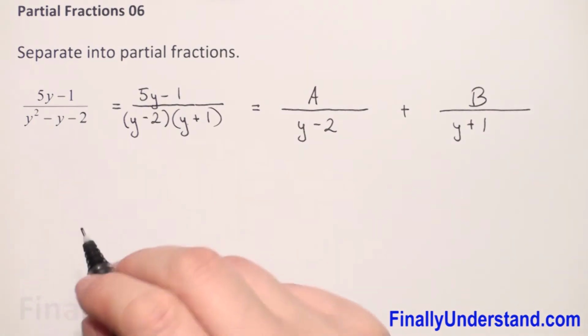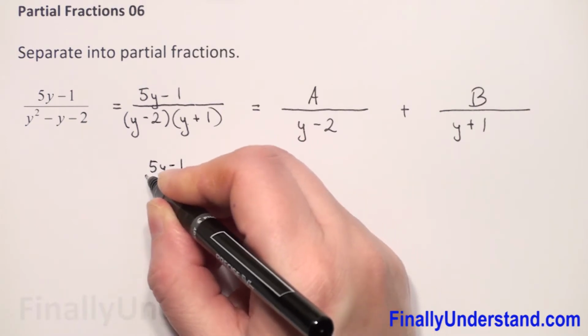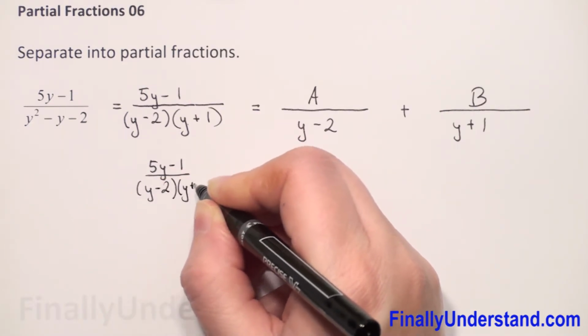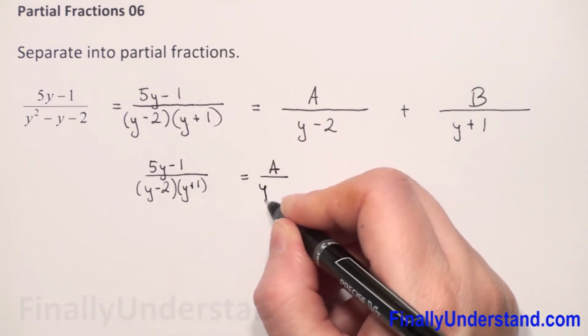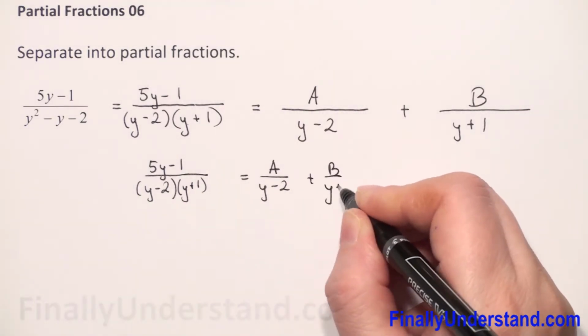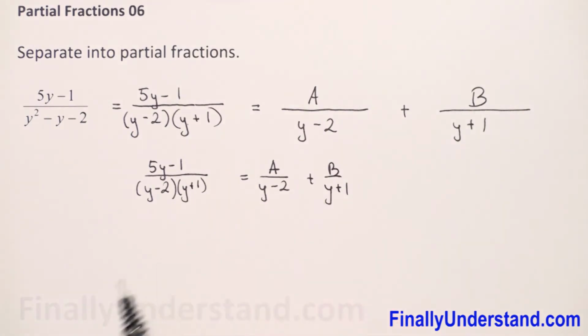So let me copy first our example. We have 5y minus 1 over y minus 2 times y plus 1. This is equal a over y minus 2 plus b over y plus 1. Like I said, we have to get rid of denominators.